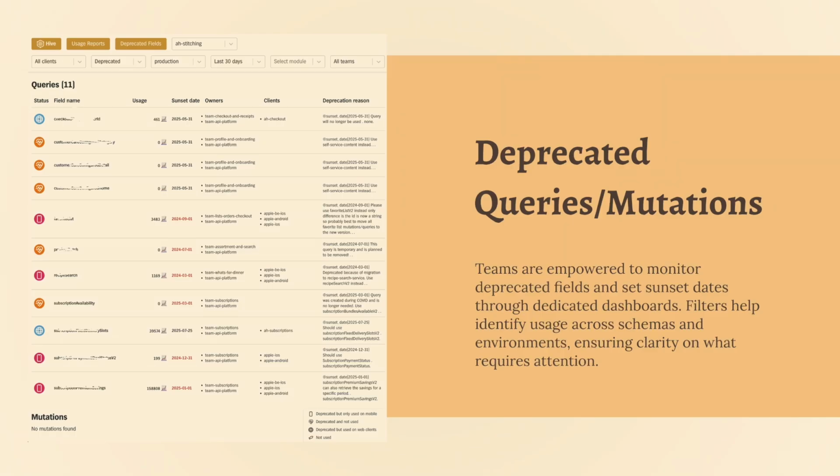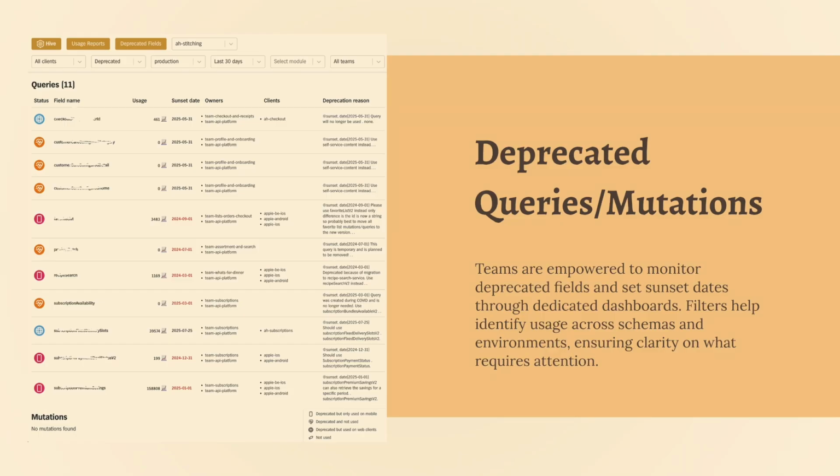Here you can see some of them are red, like this one, which means that the team is already past their time. Besides that, you can see the owners, to whom this field belongs, what kind of clients use it, and the reason for the deprecation.